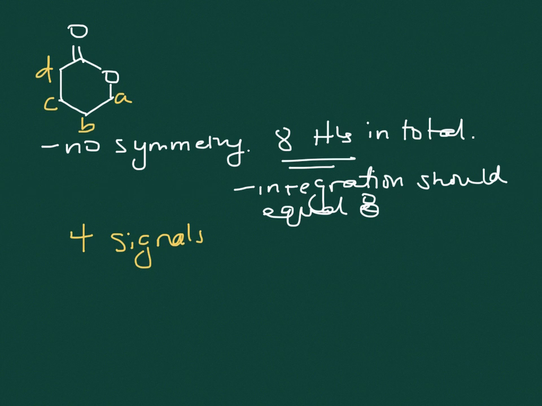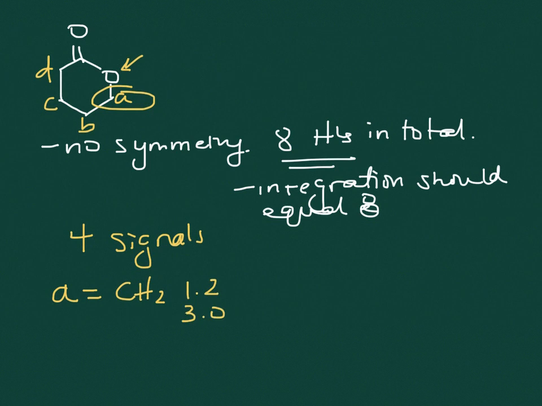Now, let's start with A. We're next to an oxygen, and this is an oxygen of an ester. So it's a CH2 group, which typically is around 1.2 ppm. We're going to add 3 ppm, so the signal should be around 4.2 ppm. So that would be our chemical shift.